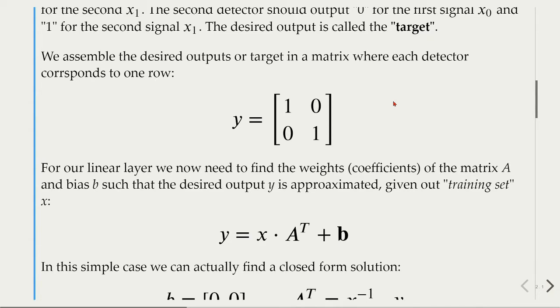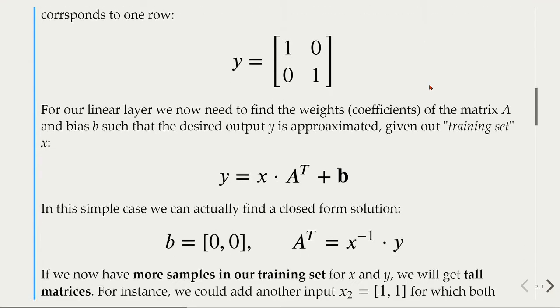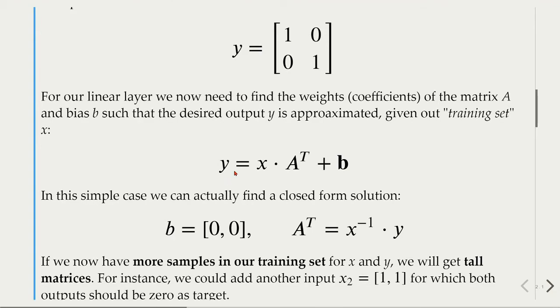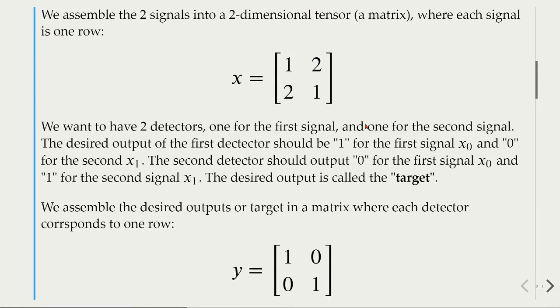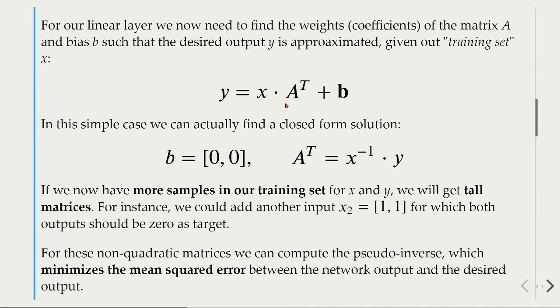For our linear layer, we now need to find the weights or the coefficients of the matrix A and bias B such that the desired output Y is approximated given the training set X. So we have that this matrix should be our input matrix X multiplied by A transpose plus B. This is a matrix of coefficients or weights.